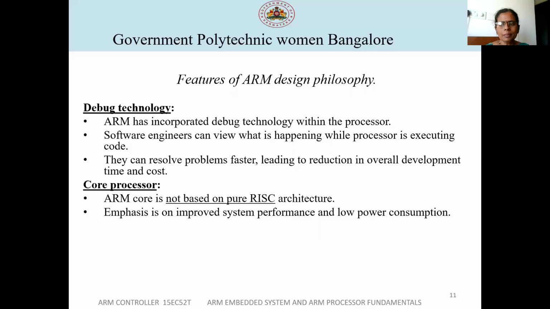But in ARM, the execution of some instructions takes more than one cycle. Therefore, it is called an enhanced RISC architecture, not a pure RISC architecture. This is a very important feature in the ARM design philosophy. The emphasis is on improved system performance and low power consumption.